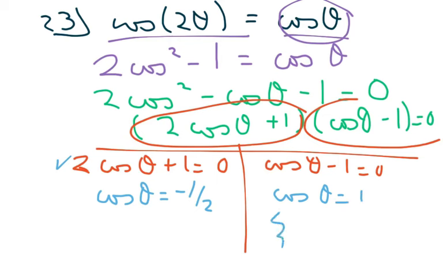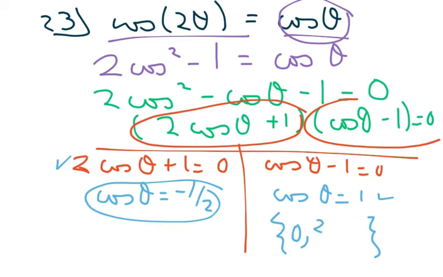If you look on your unit circle chart, your solution set would be 0 for this one. And for this one right here, you get 2 pi over 3, and you get 4 pi over 3.